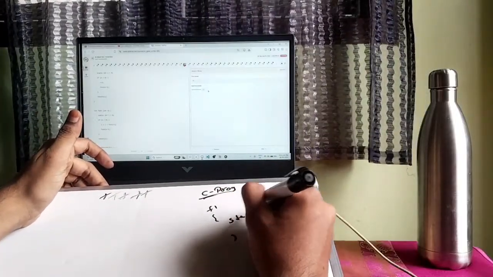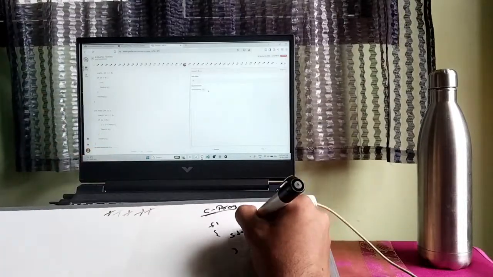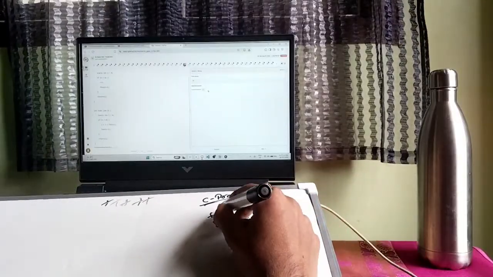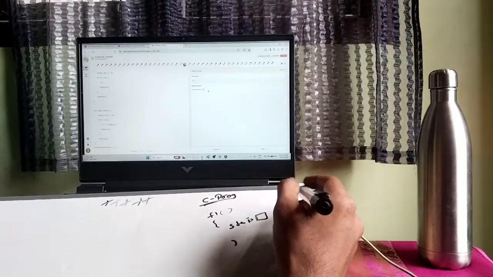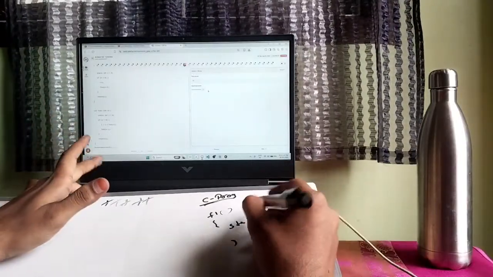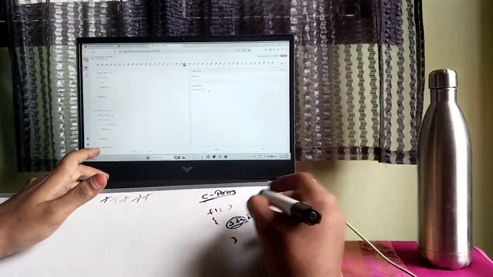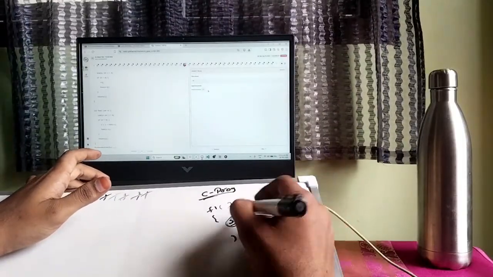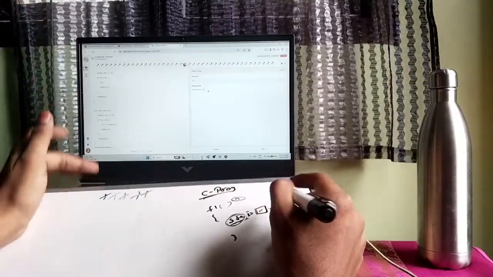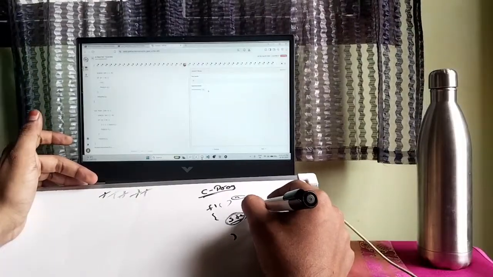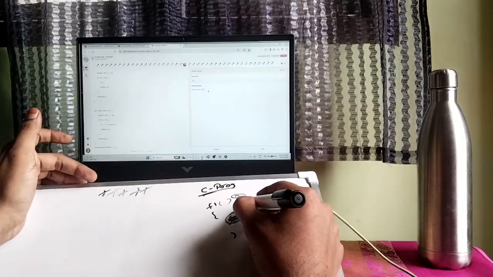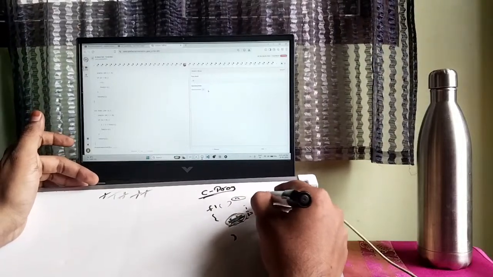Suppose this is a block, and here is a static i. It is initialized only one time, and next time it will not be initialized again. If we call this function n times, this value is initialized only one time, and it will keep on updating. If we don't have the static keyword here and we call this function n times, this value is initialized n times.